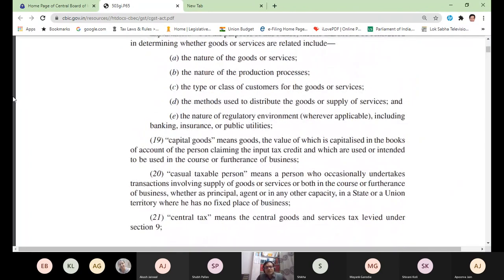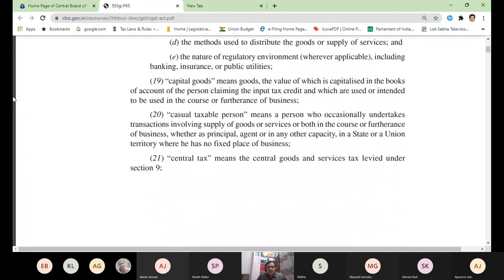Other than this, many other definitions are also required, but these are those which will be used in all the chapters.